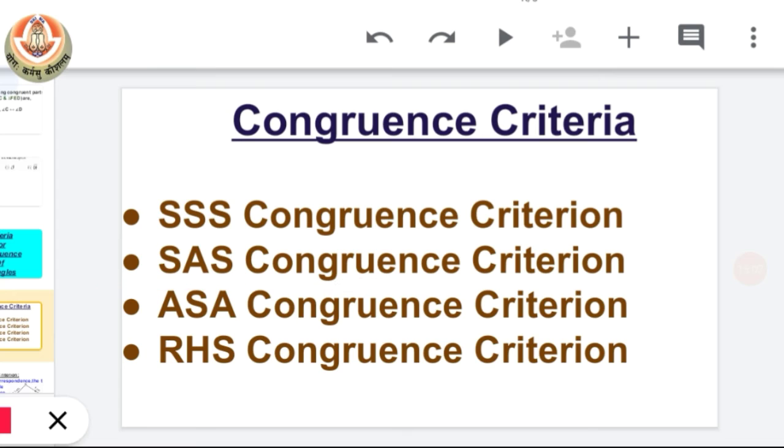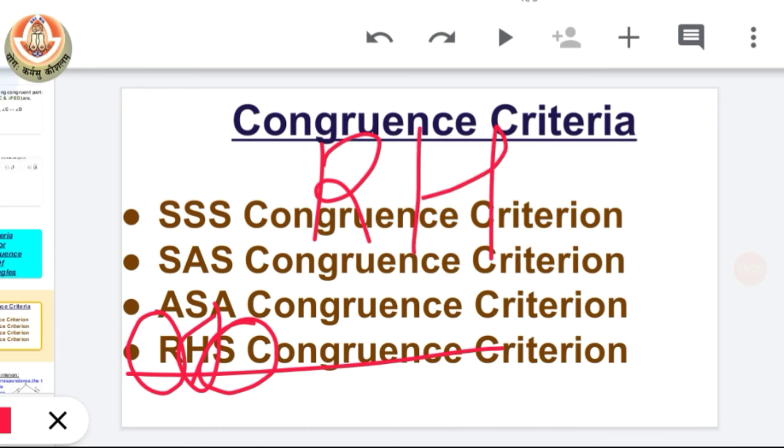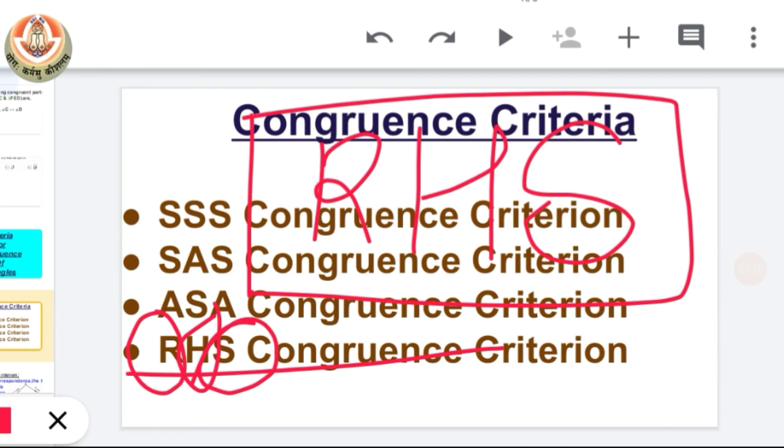The third one is ASA: angle, side, angle. And the last one is RHS, where R means right angle, H means hypotenuse, and S means side. This criterion is only used in the case of right angled triangles.